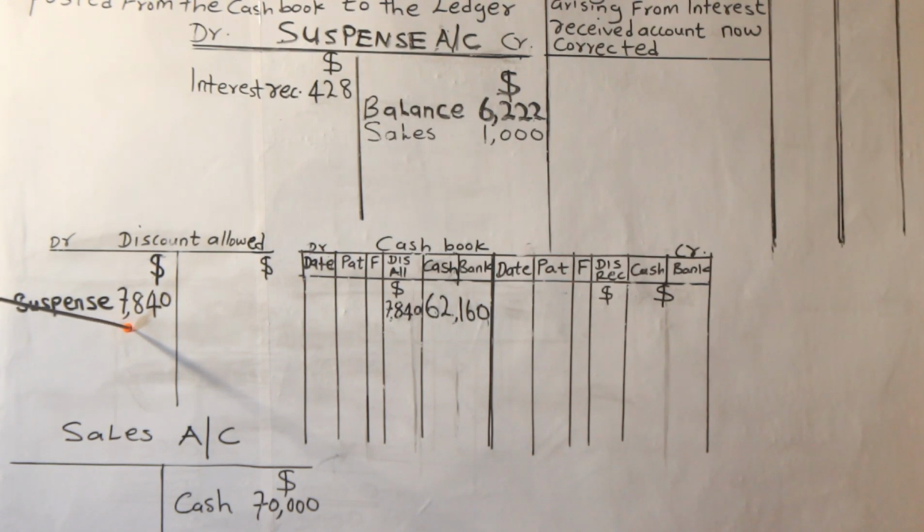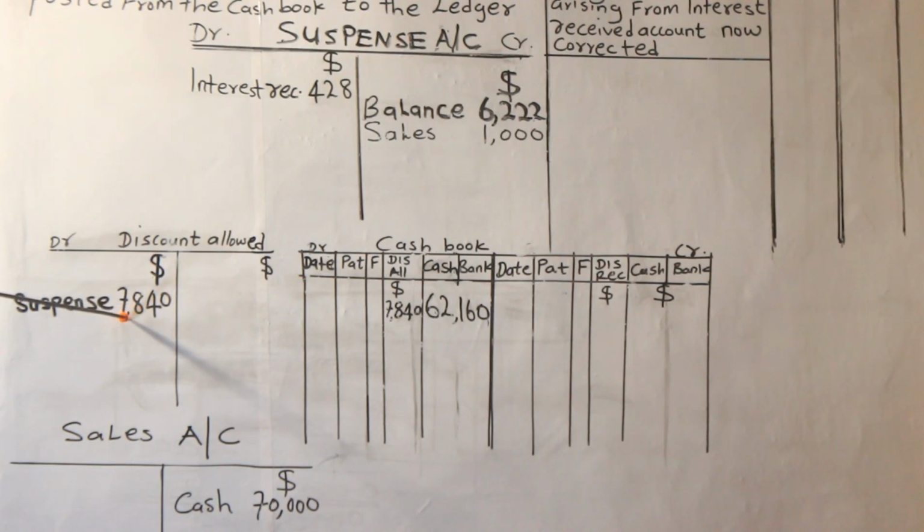Now, usually when we do this, we raise a suspense account. So in discount allowed, we are making the correction at the debit side, and so it is through suspense. So what this means is that in our journal entry, the discount allowed account will be debited, since it's on the debit side here, 7,840, while the suspense account will be credited with 7,840.